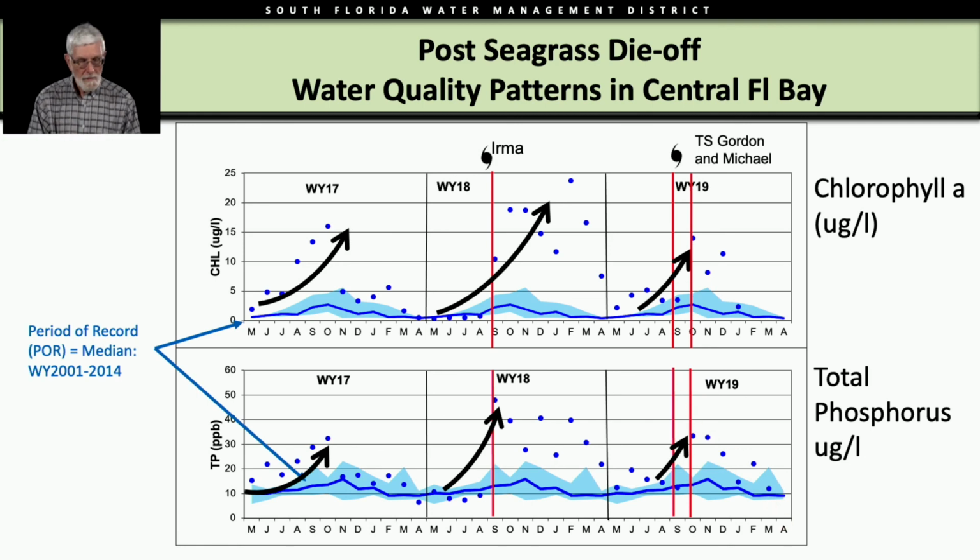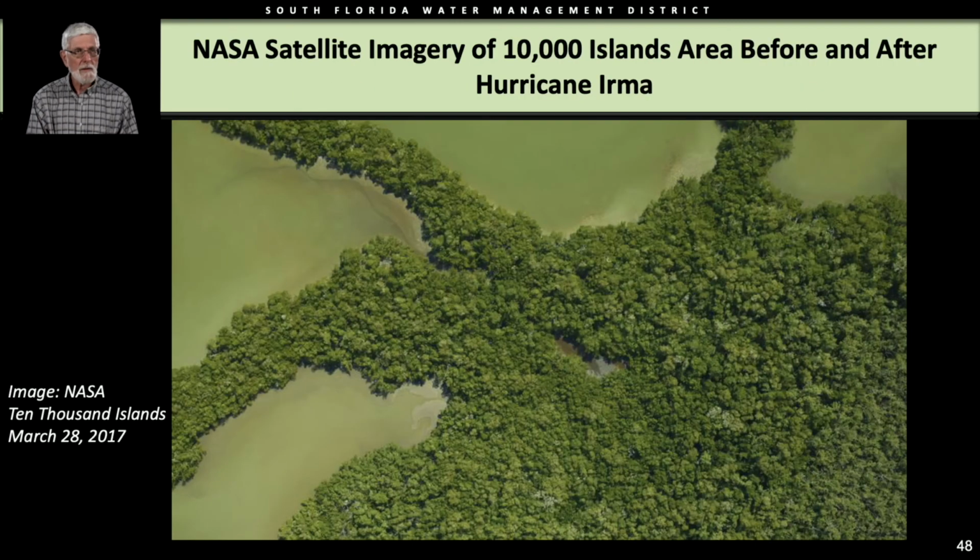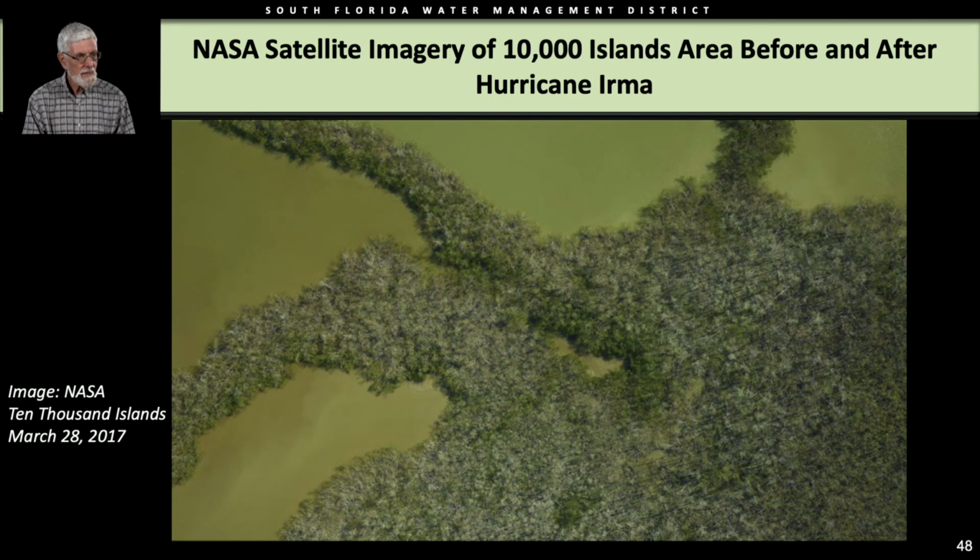The nutrients can also come from the death of mangroves upstream. This is an image from NASA showing an area in 10,000 Islands before and after Hurricane Irma. When I push the button, what you'll see is a lot of dead mangroves.